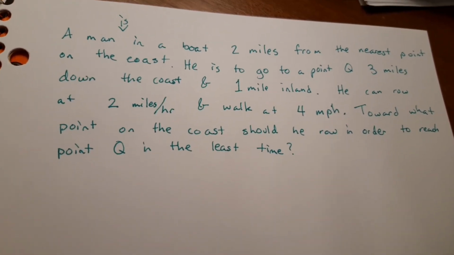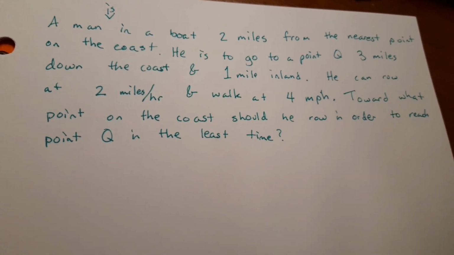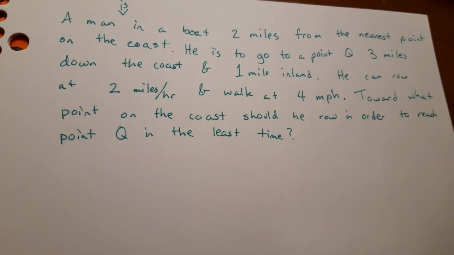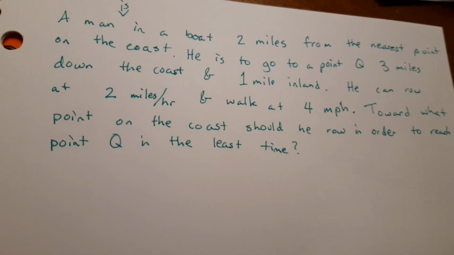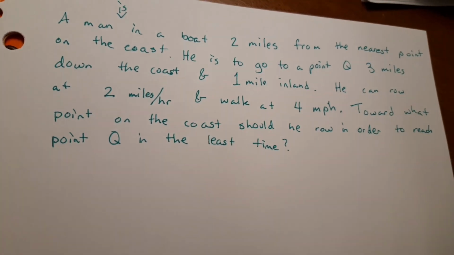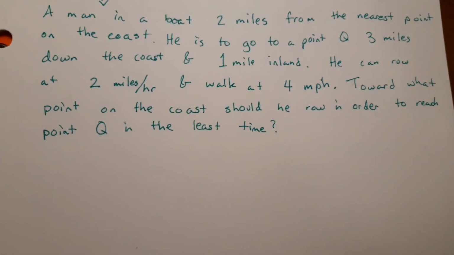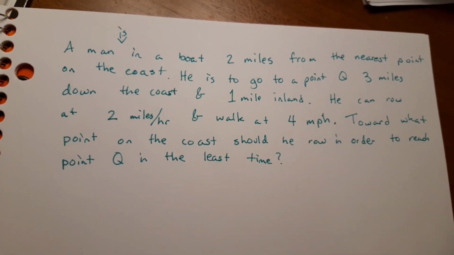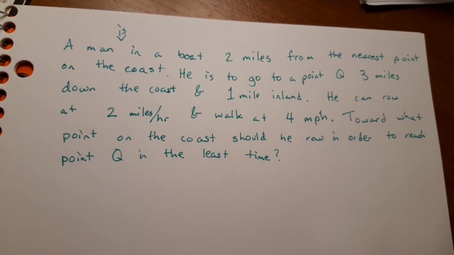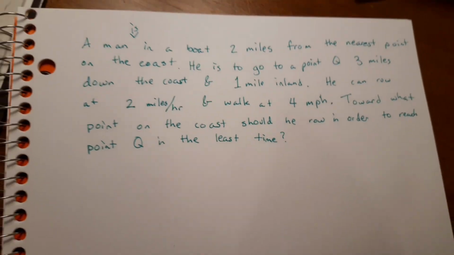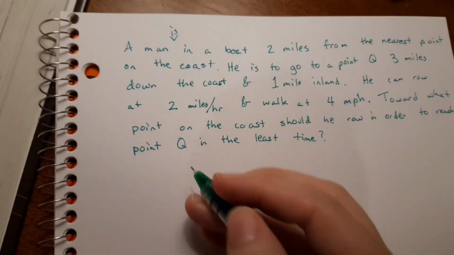Going across the grass might mean you walk a little slower than on the sidewalk, but you go less distance. The idea here is that you may go slower in the water and faster on land, but you don't necessarily want to go straight to the land and then walk the whole way.